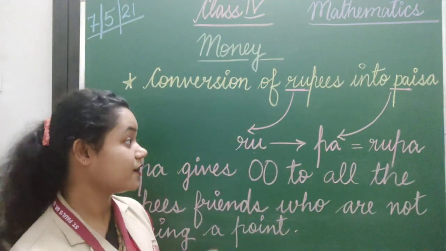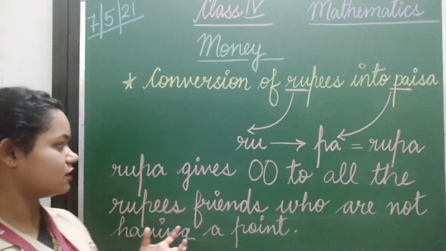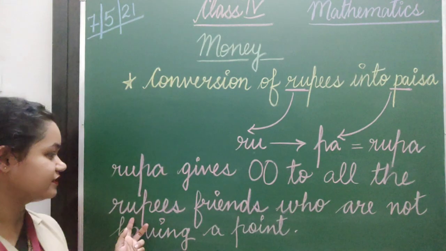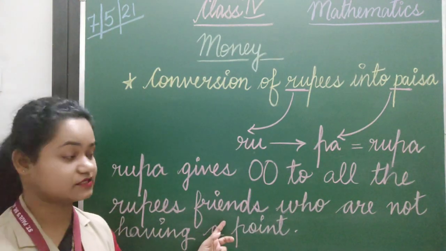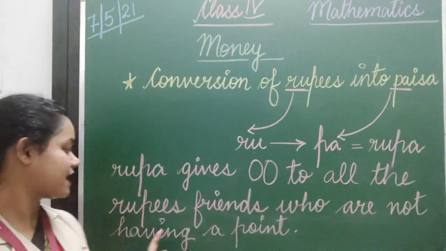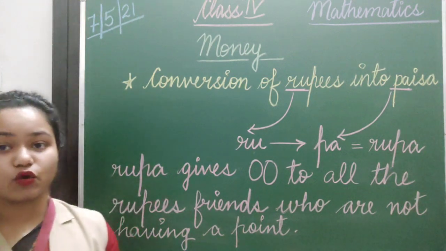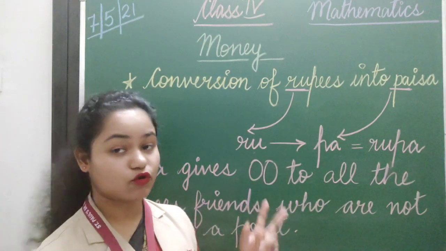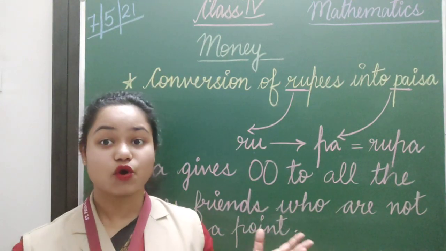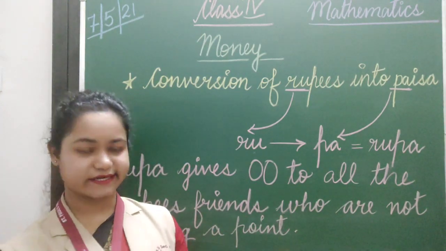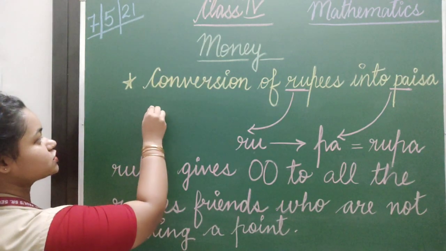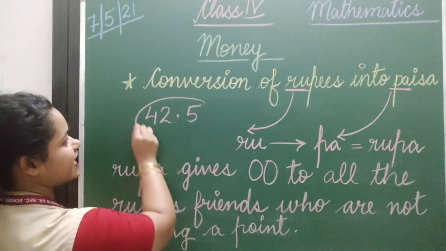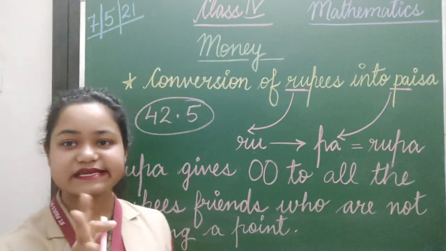Now rupa is what? Rupa is a girl who gives 2 zeros to all the friends, all the rupees friends, who are not having a point. That means Rupa gives 2 zeros to all her friends who are not having any point, that means decimal. Suppose 42.5. Such kind of friends Rupa doesn't keep.